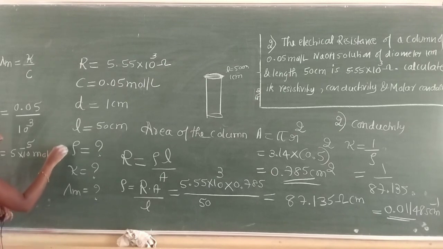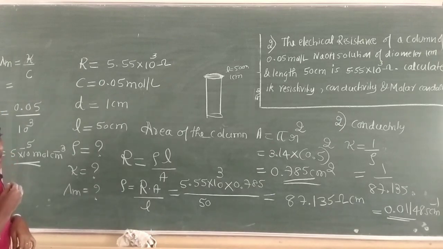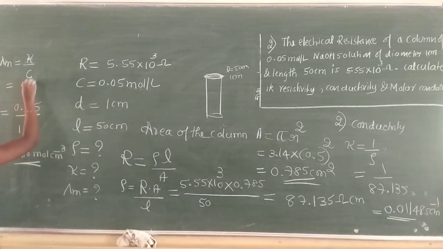So directly we can substitute here. We have a conductivity, that is 0.01148 divided by 5 into 10 to the power minus 5.